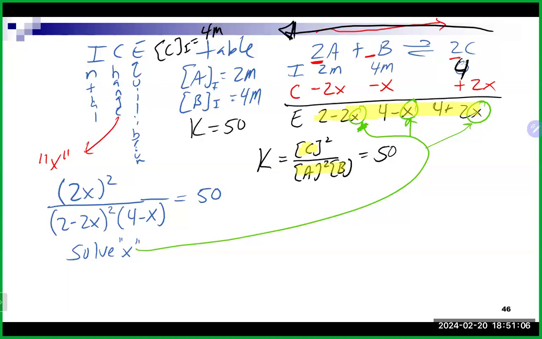So if I calculate Q and it told me I need to make more reactants, that means this is heading in the reverse direction. Out of the I, C, and E, what would be the biggest effect on that then? If I'm going in the reverse direction, the amount of reactants, are they getting larger or smaller? They are actually getting larger, which means they should be pluses instead of minuses, right? And my products would actually be getting smaller, which means they should be minuses instead of pluses.